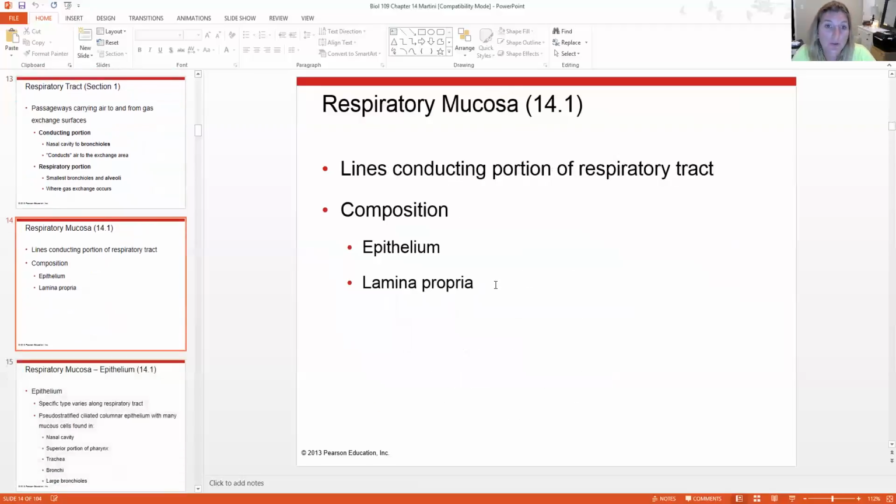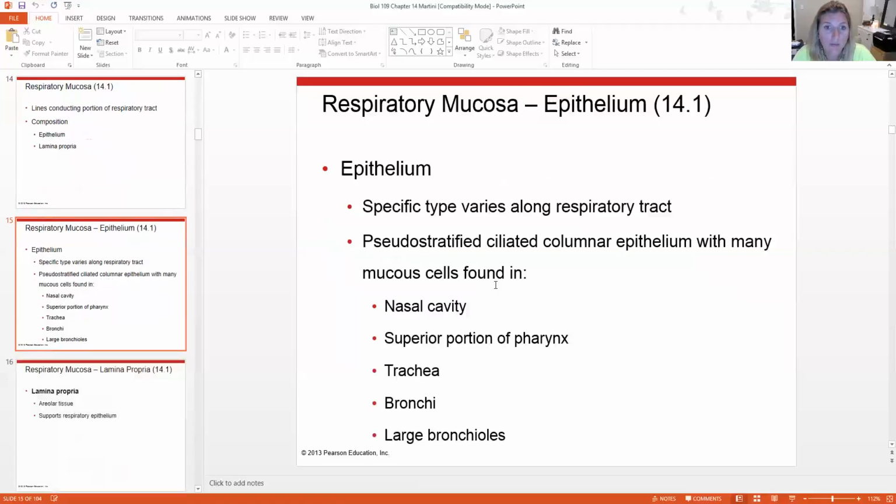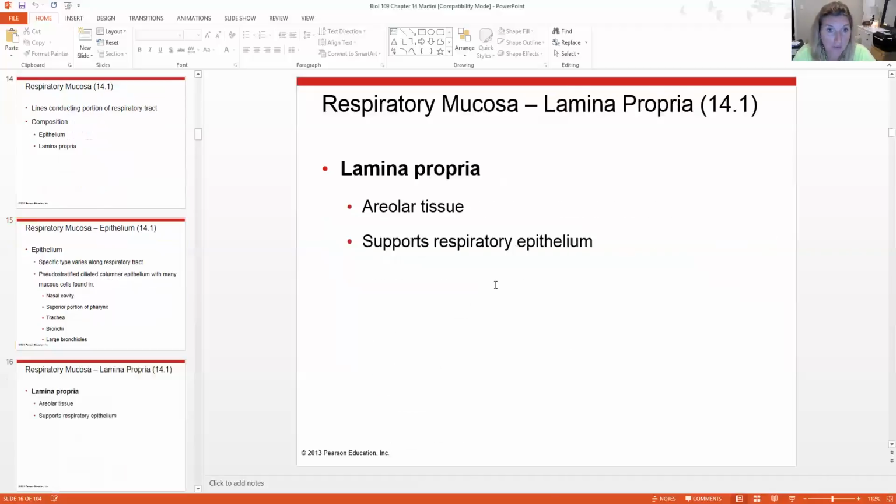So the respiratory mucosa is lining the conducting portion of the respiratory tract. It's composed of epithelium. It changes in composition depending on where in the respiratory tract you are, but there's also a lamina propria rooting it to the connective tissue below. The epithelium is going to vary along the respiratory tract. As I just said, there's pseudostratified ciliated columnar with mucus cells in the nasal cavity, parts of the pharynx, trachea, bronchi, and bronchioles.